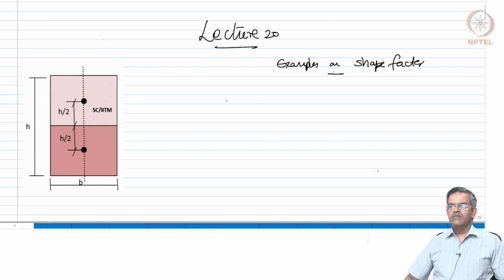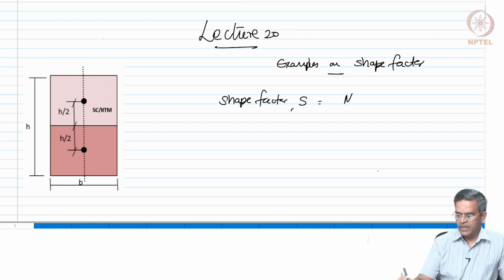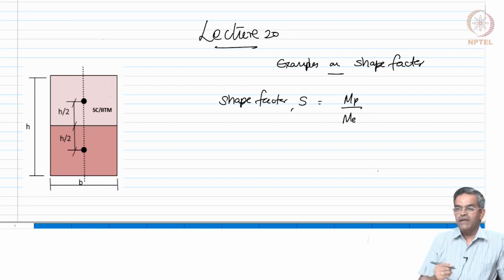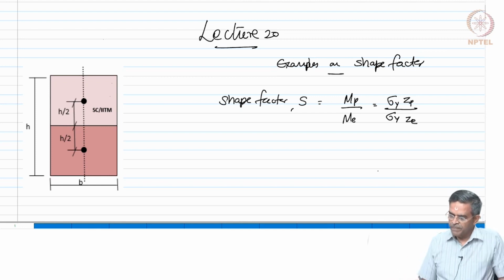In the last lecture, we already said that shape factor is expressed as Mp by Me, which is sigma y Zp by sigma y Ze, and therefore, it is actually the ratio of section moduli of plastic to elastic.